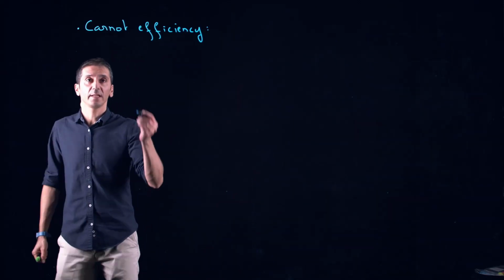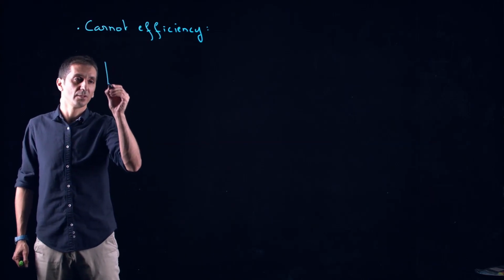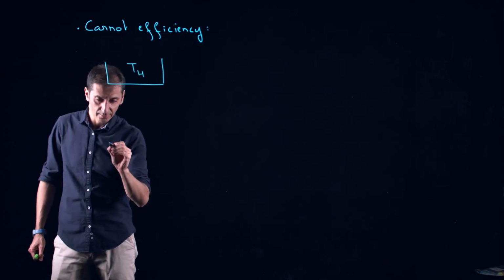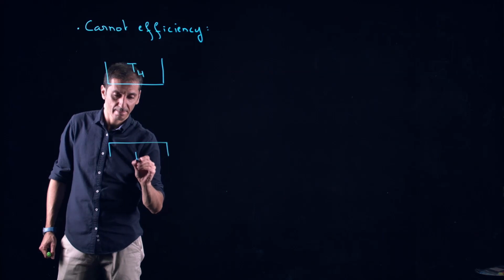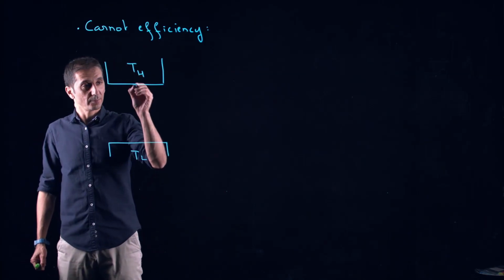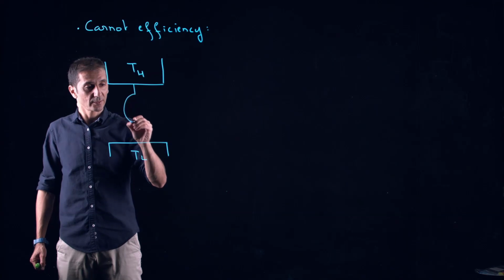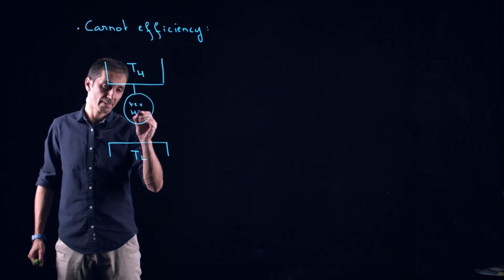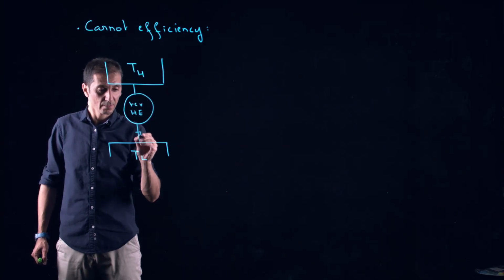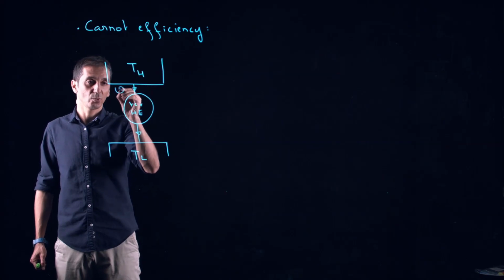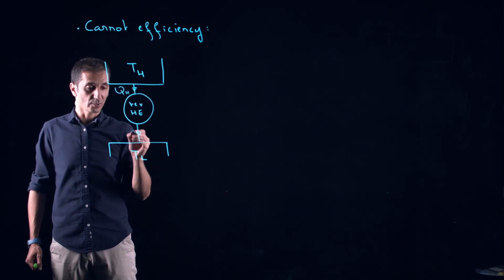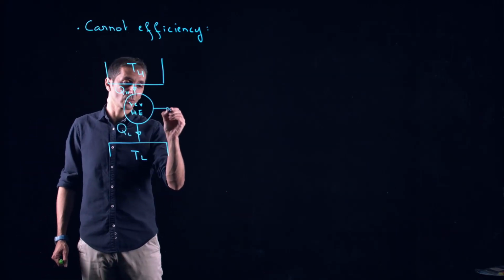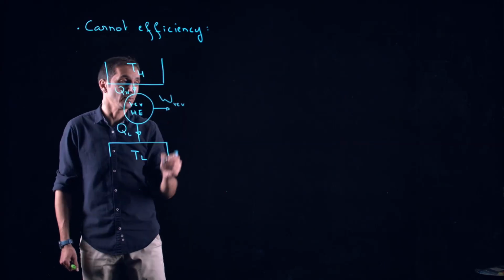Now, finally, if we consider two reservoirs, TH and TL, and between the two reservoirs we construct a reversible heat engine with, let's say, getting QH from the high temperature reservoir and rejecting a certain QL and providing us with work which is reversible.